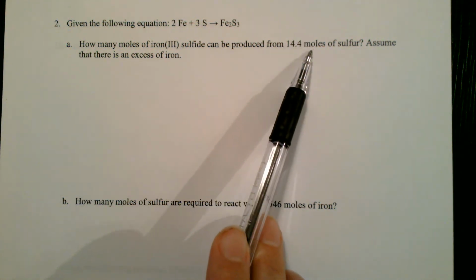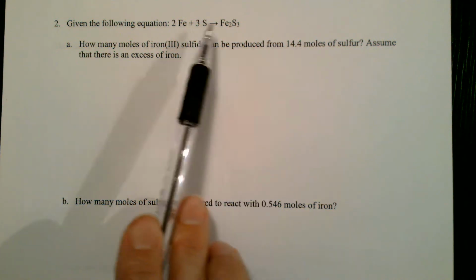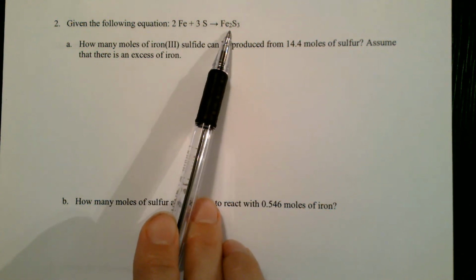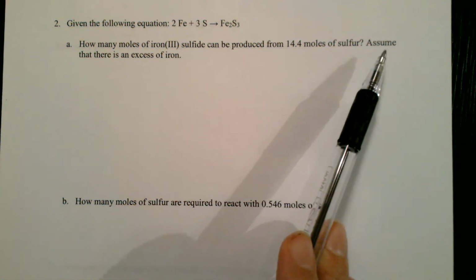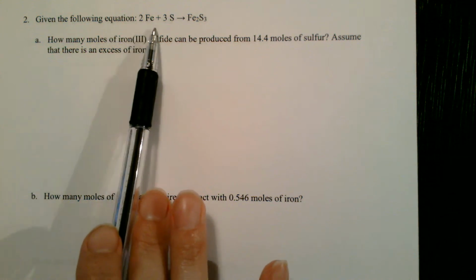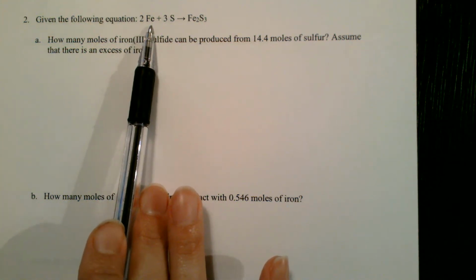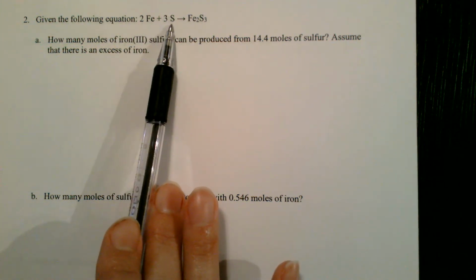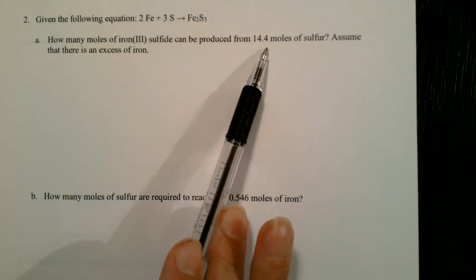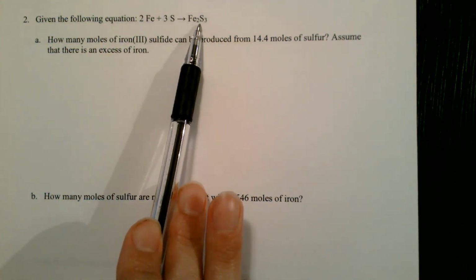So if we had 14.4 moles of sulfur, how much iron sulfide would we produce there? So this says assume that there is an excess of iron. Okay, so we're going to assume that we have plenty of iron and that there's going to be some left over. So our sulfur is our limiting reactant in this problem. So it's going to determine how much of our product we make.